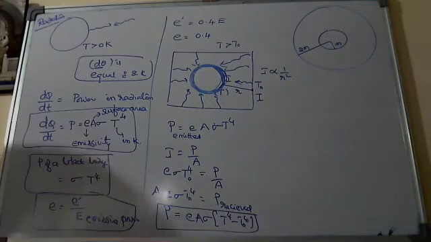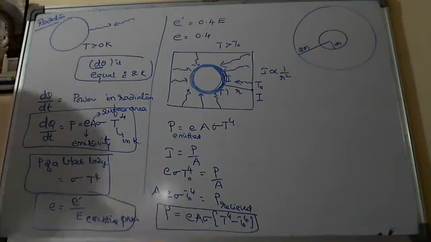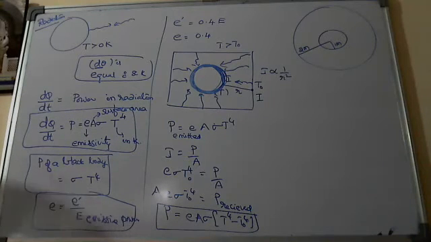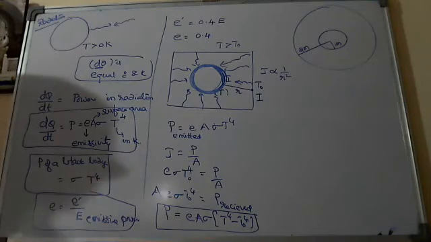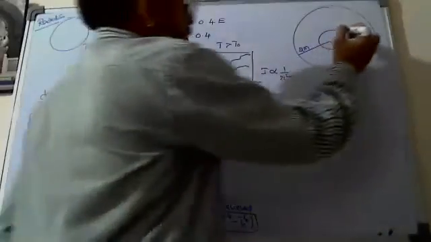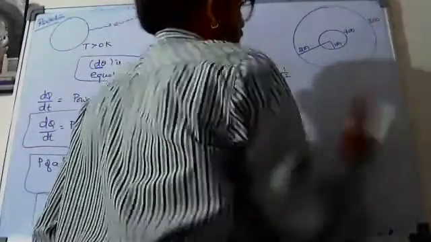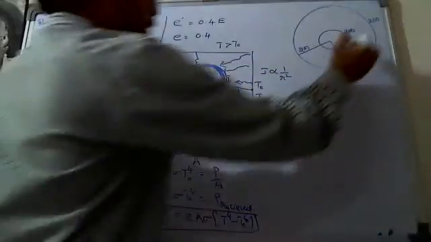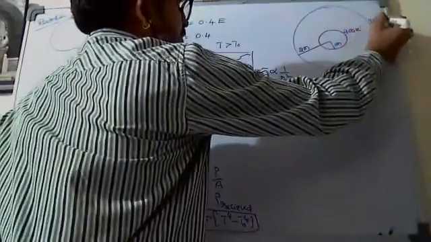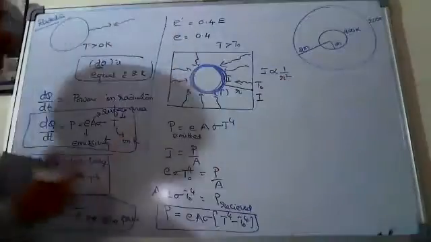That becomes 1. For a black body, E equals 1. So happily, we can eliminate the E term. And both are maintained at temperatures like 200 Kelvin and 400 Kelvin. Suppose this is maintained at 400 and this is maintained at 200 Kelvin. No need to convert, already given in Kelvin. Right?